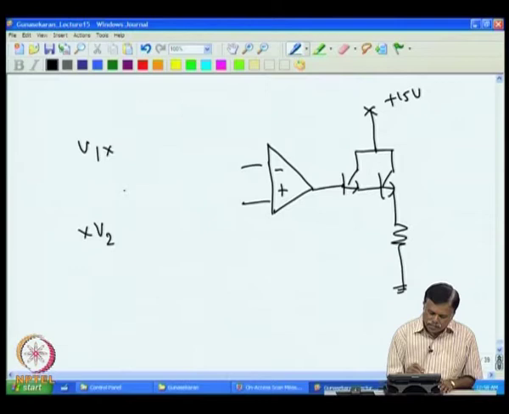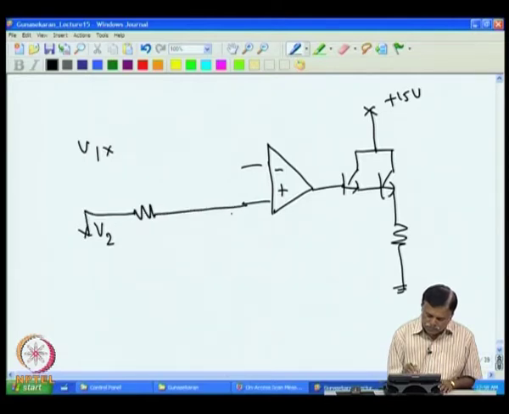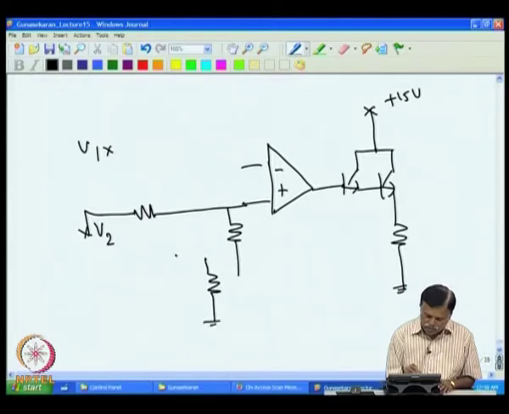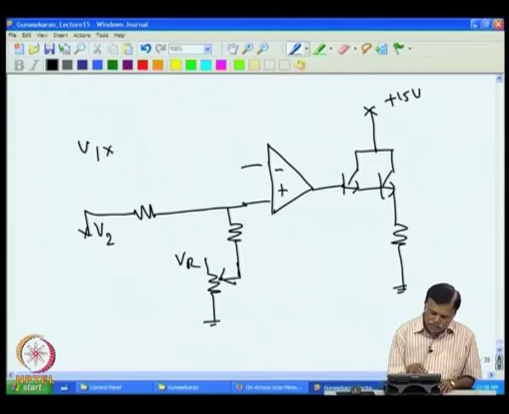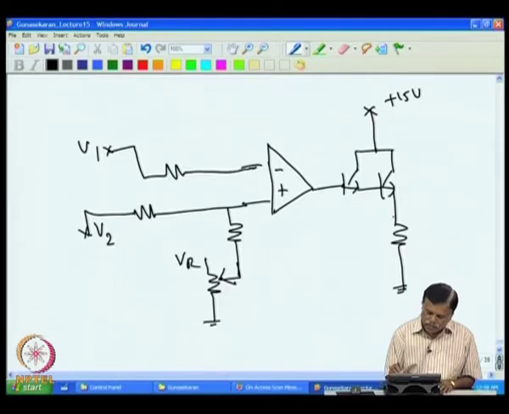Now, the difference should be converted into current. One possibility is that I can have V2 increase, then I can also put, for example, a zero adjustment part here. So, we have V reference here and this can be connected to this. Then V1 can be connected here and then the output feedback can be given from here.